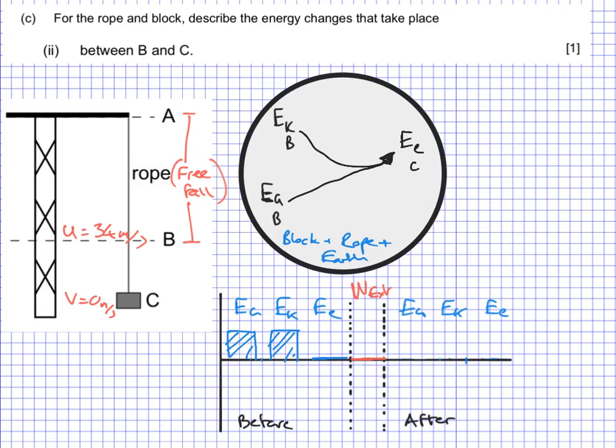So the gravitational energy has been used up, it's gone. The kinetic energy is used up because it's got a zero velocity, and it's all elastic. So what I should do actually is make this a bit bigger. I'm going to move this up a little bit.